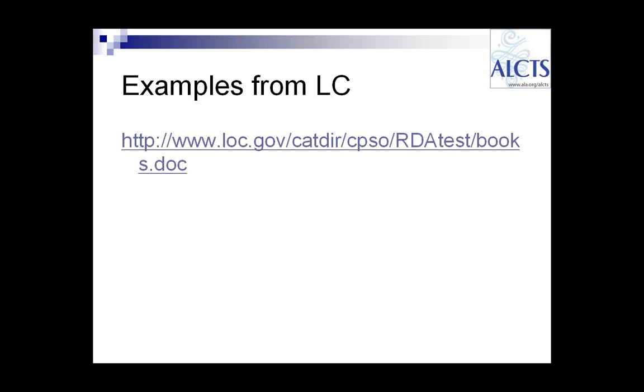If you're interested in seeing more examples of RDA records, the Library of Congress has a good number of them, and this link deals with the book records that they currently have, examples that show differences between AACR2 and RDA.